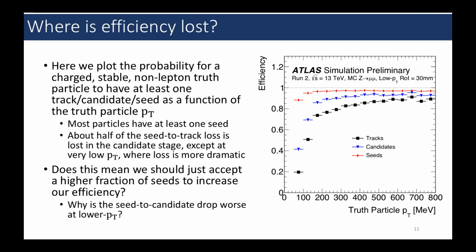So about half of the seed to track loss is lost in the candidate stage, above about 200 MeV. So there seems to be a relatively consistent loss in efficiency going from seeds to candidates to tracks in the higher PT regime.